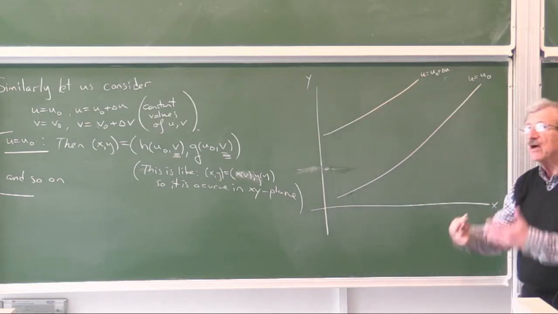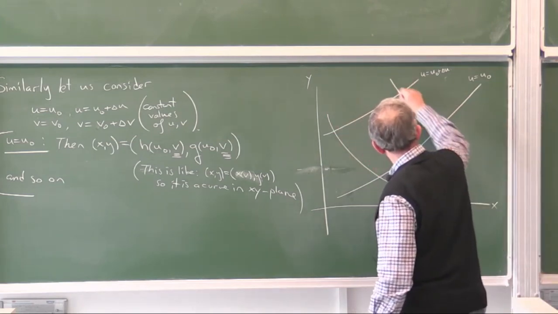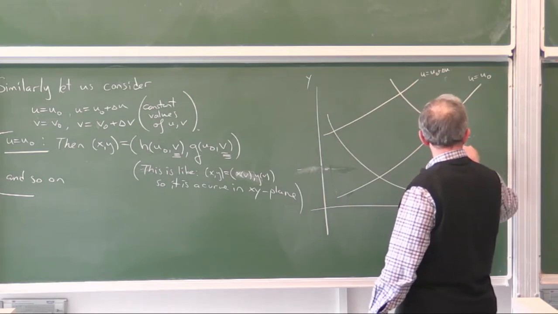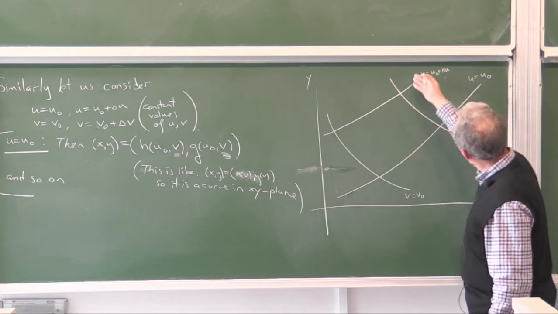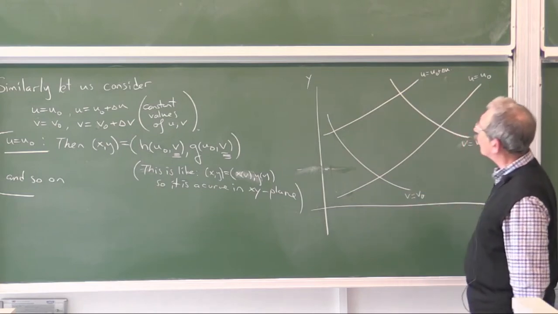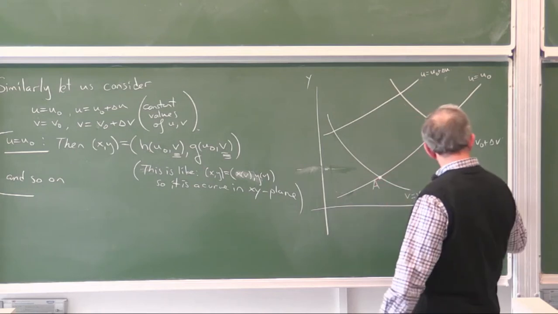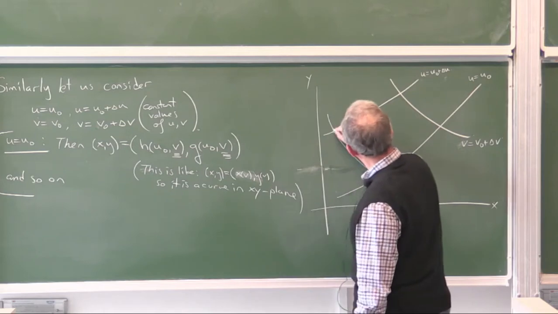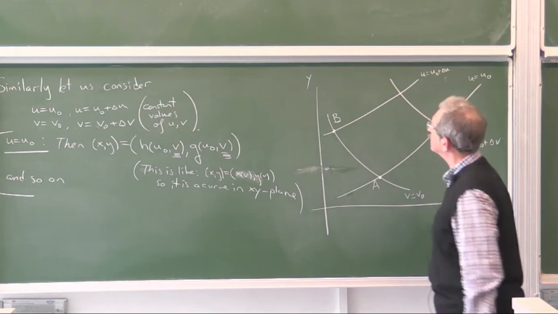Similarly, if v is constant, we get such curves. So these four curves can be characterized by u or v being constant. Let me call this point A. This is in the xy system still. I showed this by B and this by C. That's all I need.